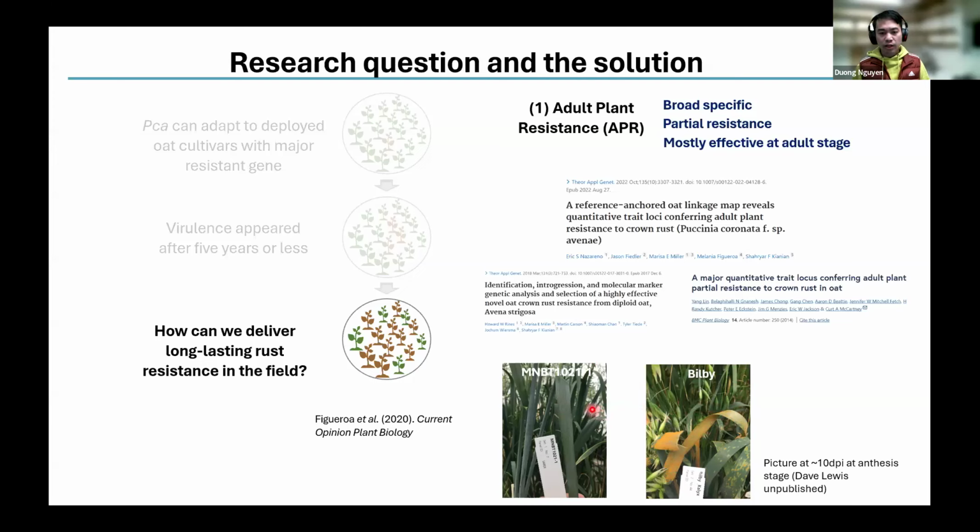You see that the imported material shows resistance, and it was tested against the PCA isolates in Australia. So we see that the material is also resistant in Australia. There's an opportunity for us to try to integrate the resistance from this source into the Australian genetic background.